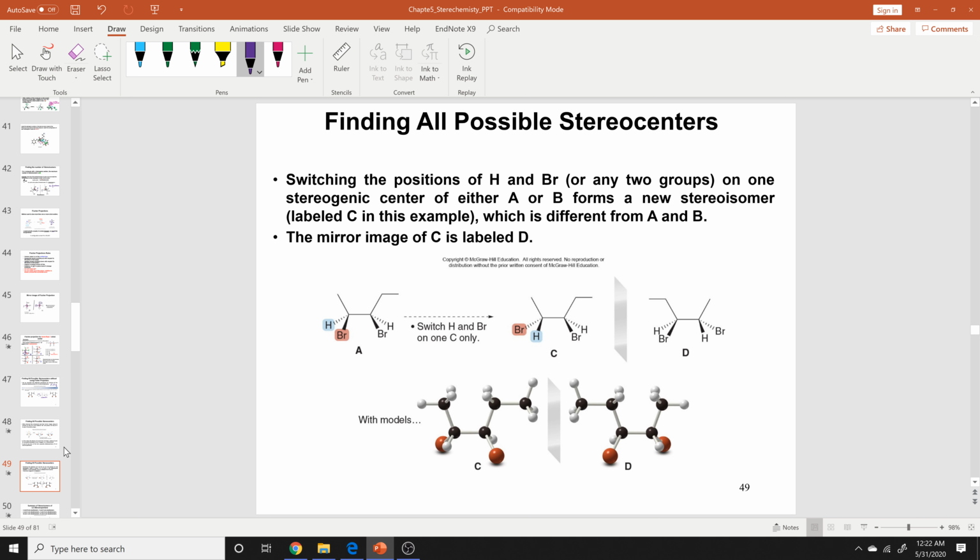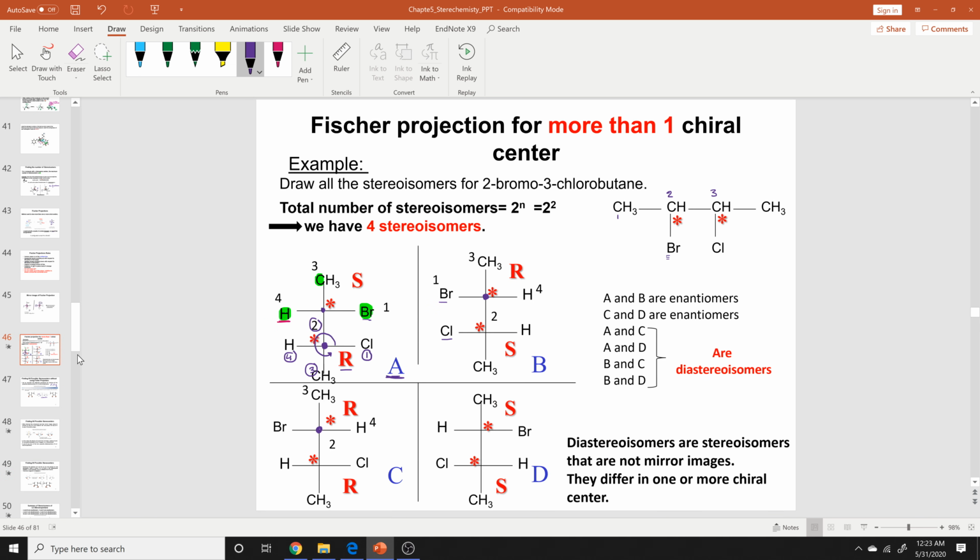So we're going to switch over here the bromine and the hydrogen. I'm keeping everything and I'm swapping the hydrogen and the bromine. It's the same idea as I did over here, and I rotated. It's the same idea, fixing one carbon, rotating the other carbon 180 degrees. It's exactly the same idea.